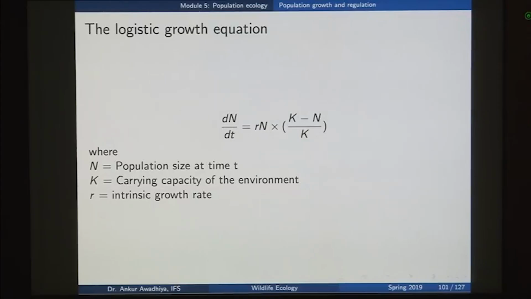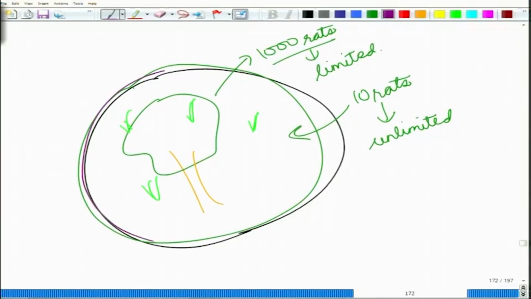But then this factor is also modified by the resources that are available for this population to grow, which is given by this term k minus n divided by k, where k is the carrying capacity. So, carrying capacity says that suppose in the case of this island you had only resources that are available to 1000 rats, it cannot support more than 1000 rats.